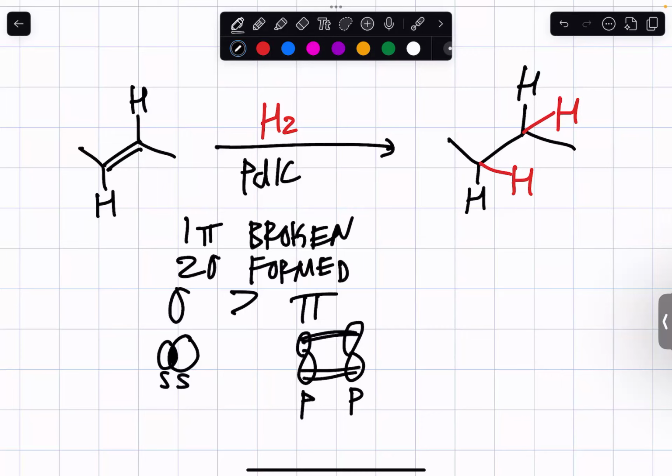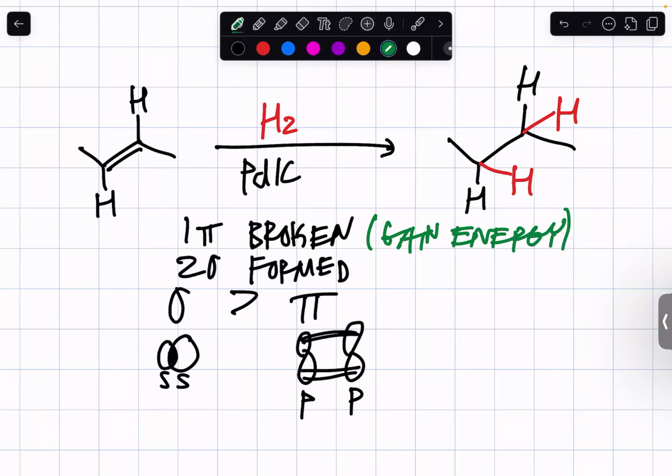And in Gen Chem, we learned that to break bonds, we need to gain energy. And then when bonds are forming, they're going to release energy. Oh, I thought it was the other way around. You break it, you put energy into breaking it.